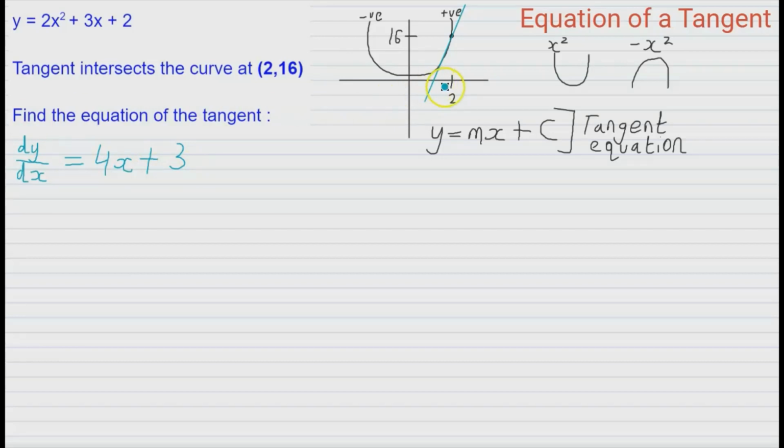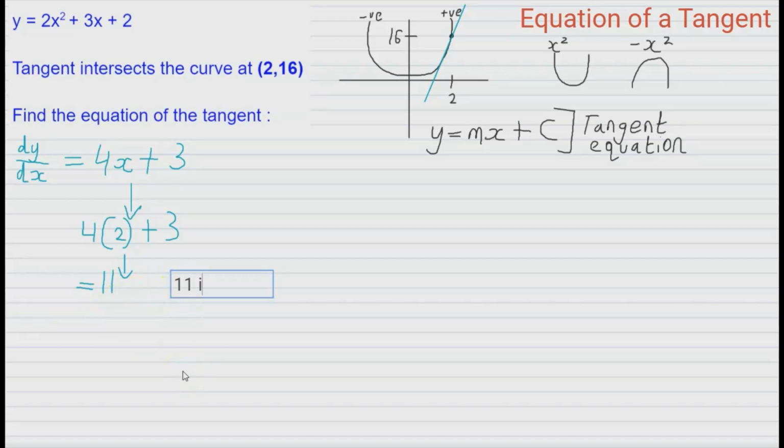We can sub in the x value, which is 2. So 4 times the x value, which over here is 2. So we can just do 4 times 2 plus 3, and then we'd get 11. That would equal 11. Now what does this 11 actually mean? I'll write it here.